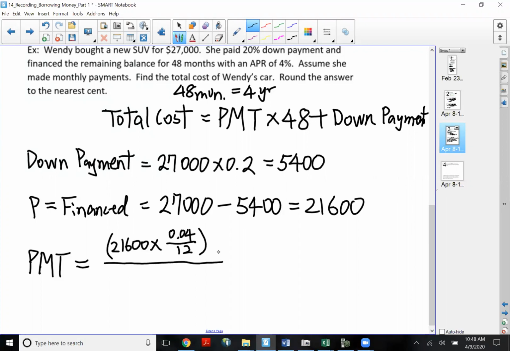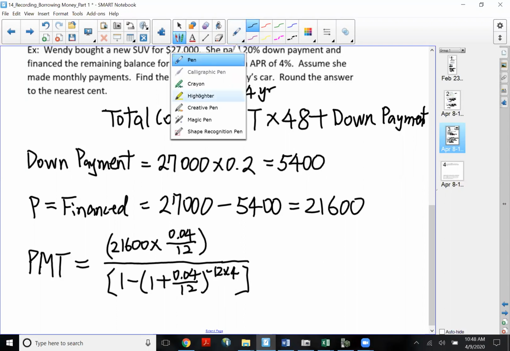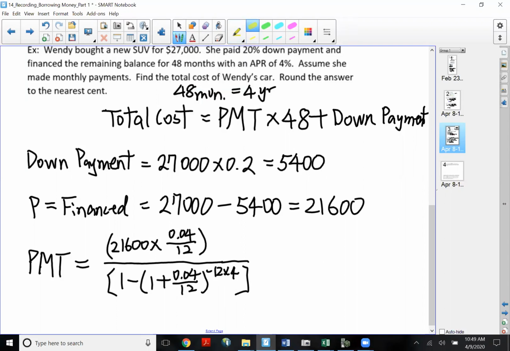Whole thing divided by bracket 1 minus parenthesis 1 plus 0.04 divided by 12, whole thing raised to the negative N times T, where T is 4. All right. Remember 48 months is 4 years. Close bracket. So instead of typing extra numbers in parentheses, I'm just going to say this is negative 48 when I key it in. So let's see what her monthly payment is going to be.